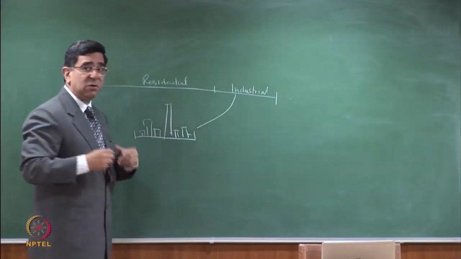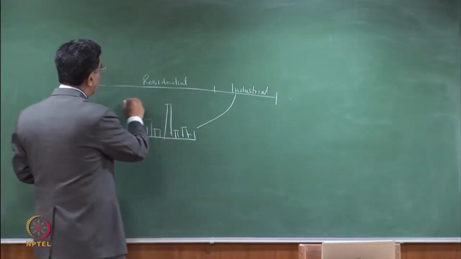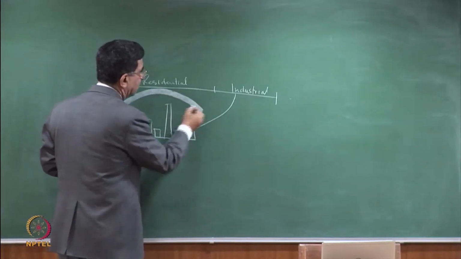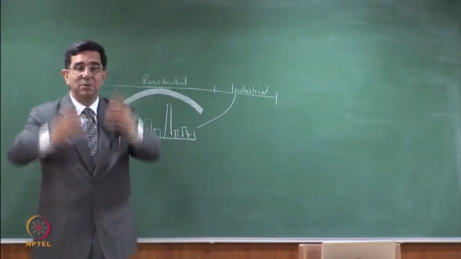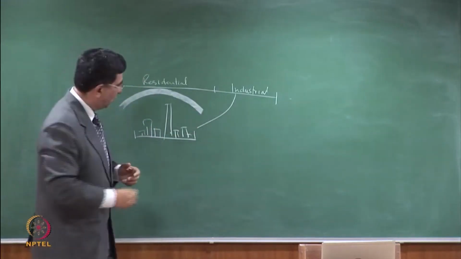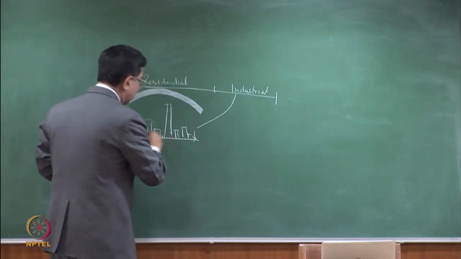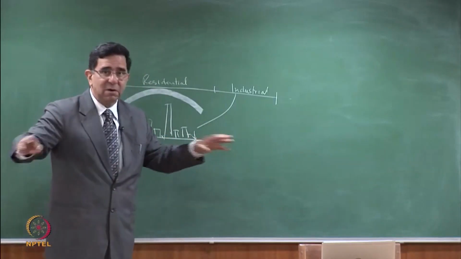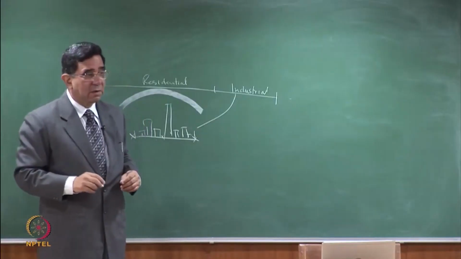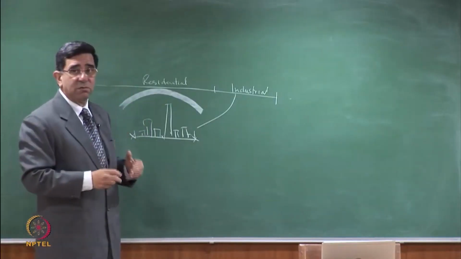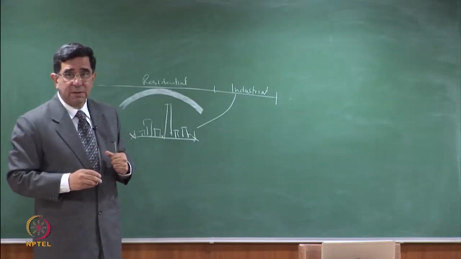We should monitor above the ground. So I would like to monitor here. Am I sending out something into the atmosphere? I should monitor around the ground surface. Am I allowing something to flow out on the ground surface? And when I'm talking of that, I'm talking of drains and discharge points.